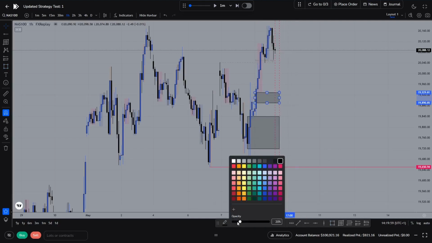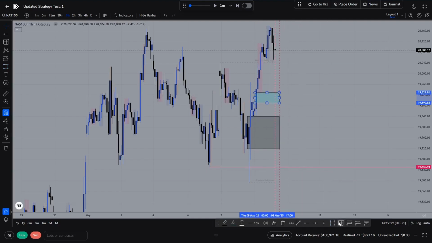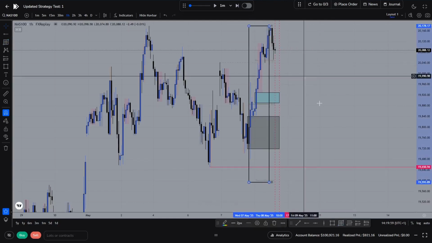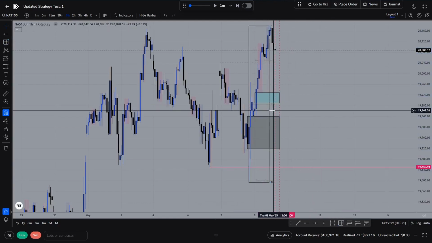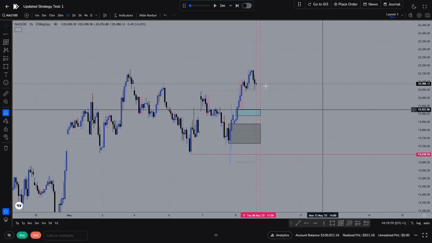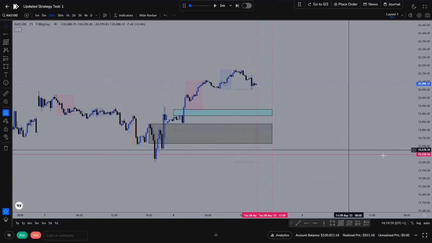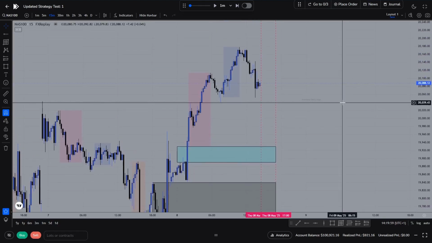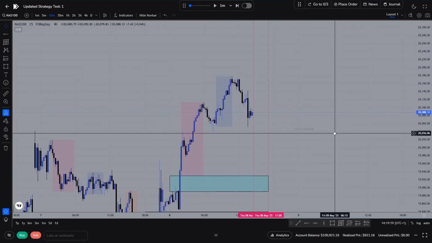Is this inside equilibrium? Let's find out. Low, high, it's above equilibrium. Oh, am I deleting it? Alright, 15-minute. Talk to me price. Let's get at least a liquidity sweep of this before we push higher.